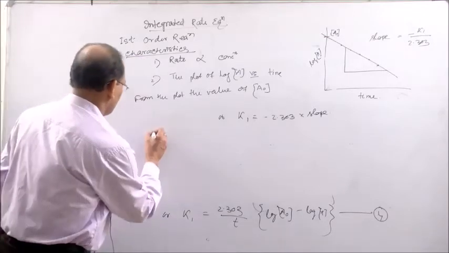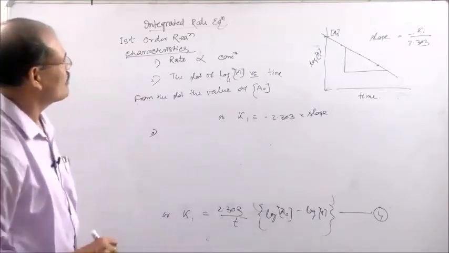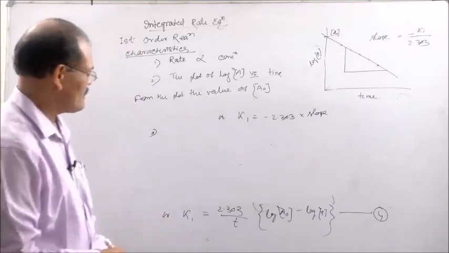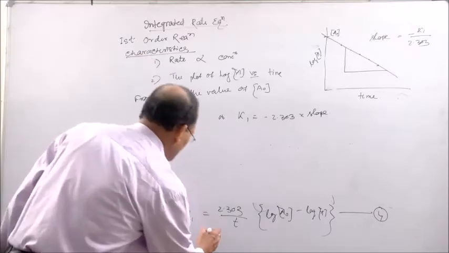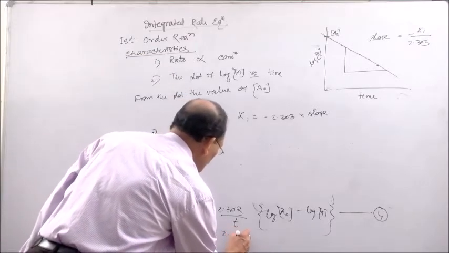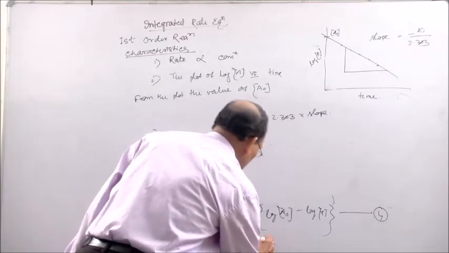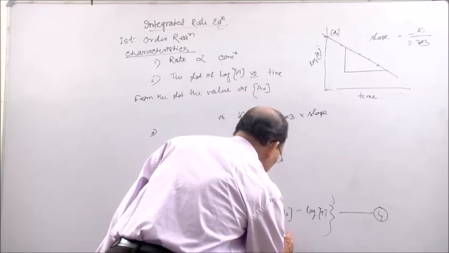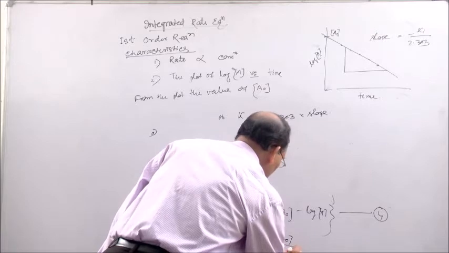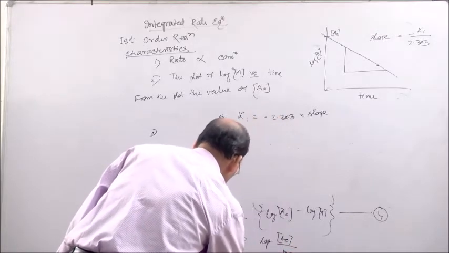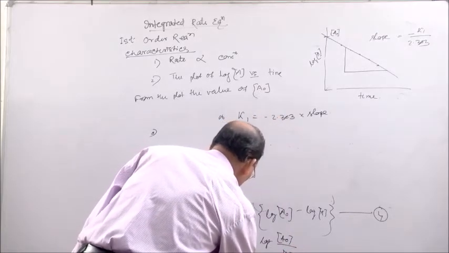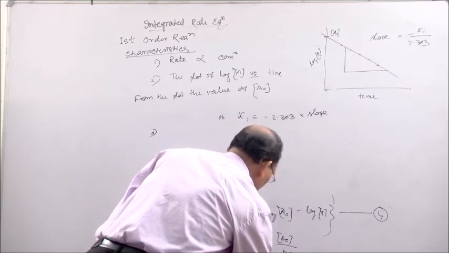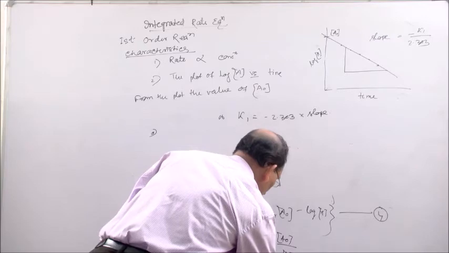Third point, you see, it is 2.303 by t log A0 by A, or it is minus 2.303 by t log A by A0.